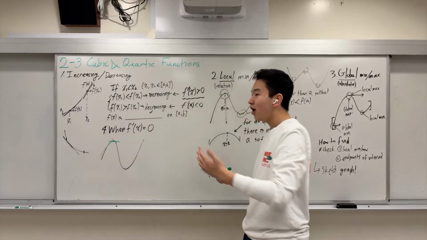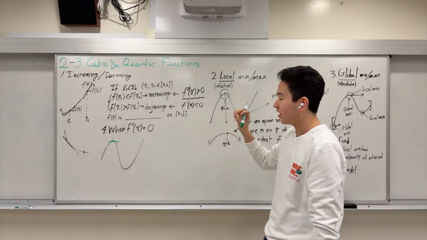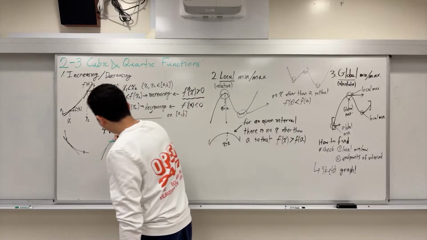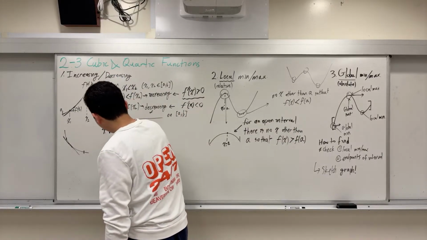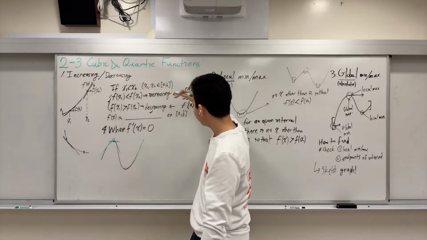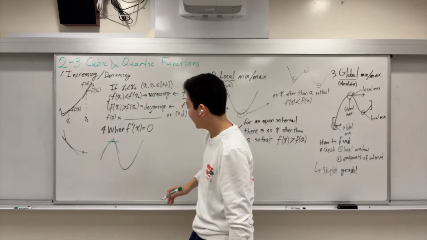If it was not flat, then the function would still be increasing and there would be a point with a higher function value. And then right after the local maximum, the derivative will go negative, and the function will decrease, right? Because a negative derivative means that your function is decreasing.